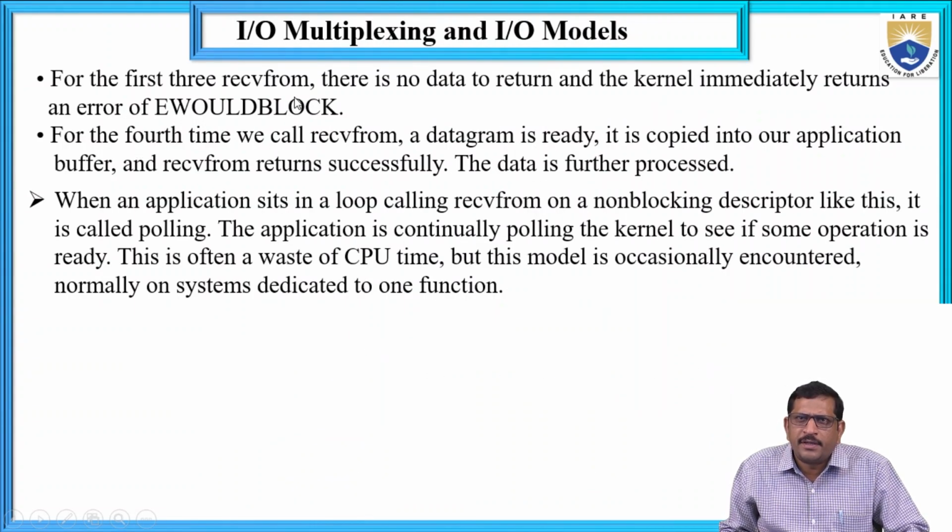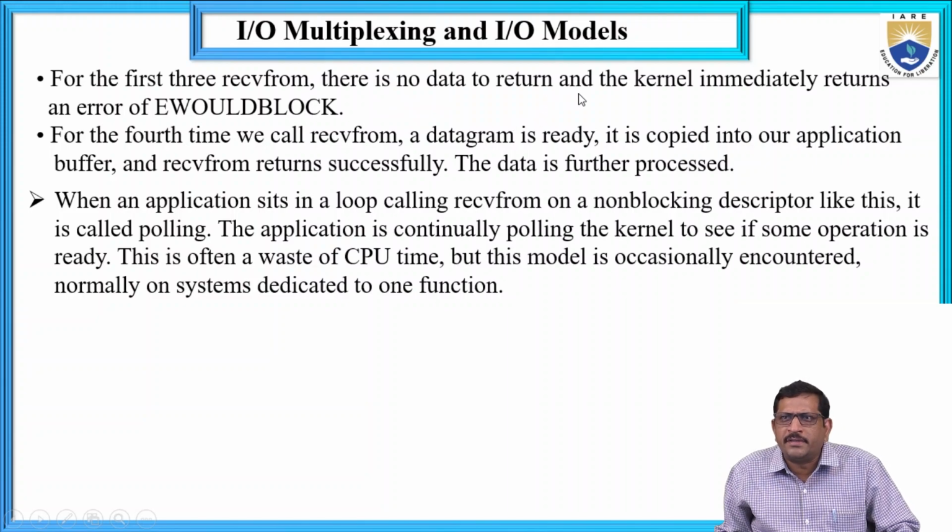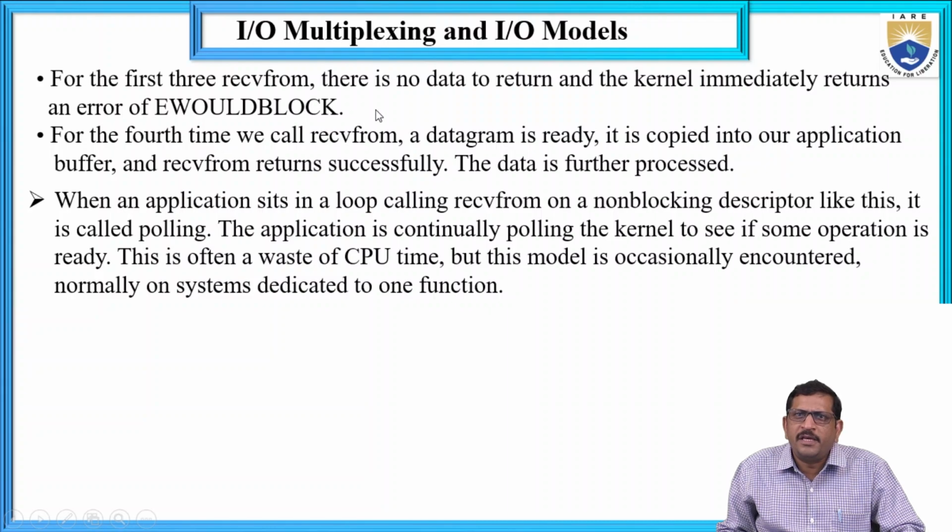For the first three recvfrom calls there is no data to return and the kernel immediately returns EWOULDBLOCK. The fourth time a datagram is ready, it is copied into the application buffer and recvfrom returns successfully, and the data is further processed. When an application sits in a loop calling recvfrom on a non-blocking descriptor like this, it is called polling.